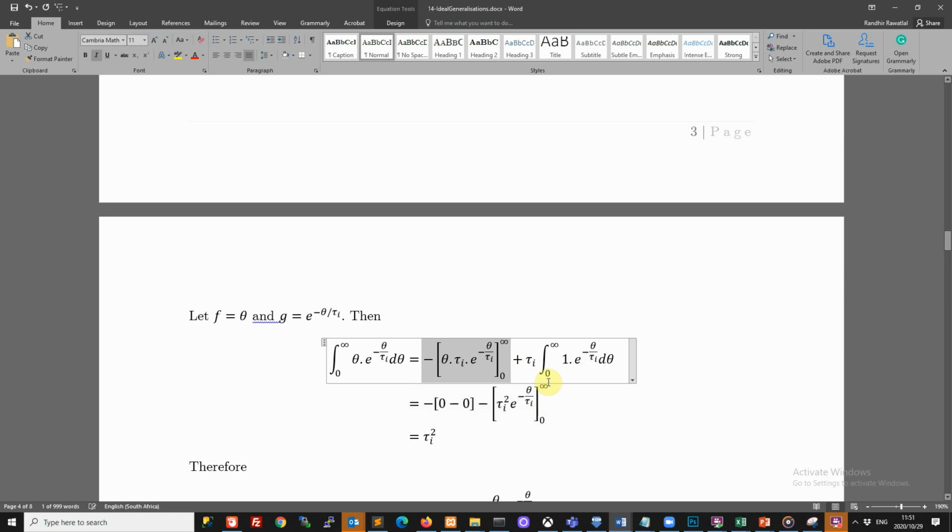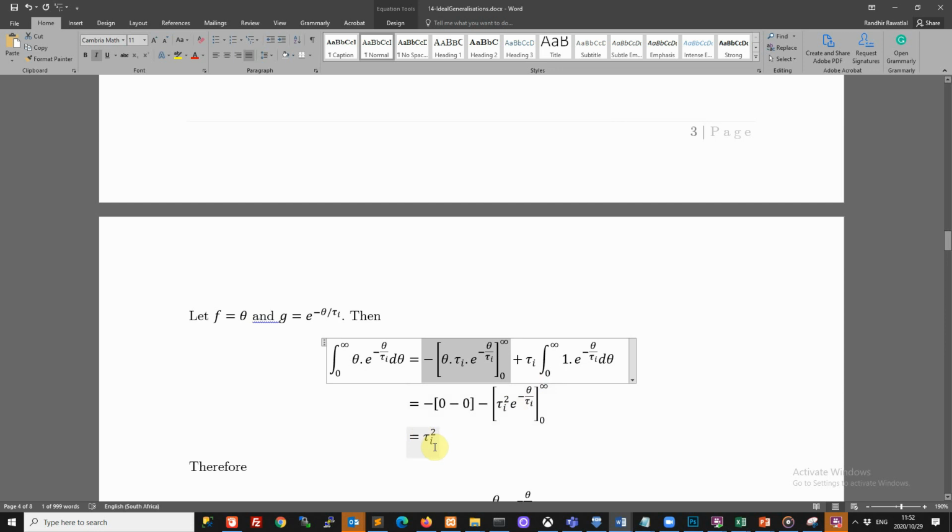And then again, at infinity, this is going to be e to the minus infinity, which is 0, so that whole thing vanishes. And then we've got e to the 0, right? The lower limit has a 0 here, so this becomes 1. E to the 0 is 1. And then it's the lower limit, so it's minus of that.